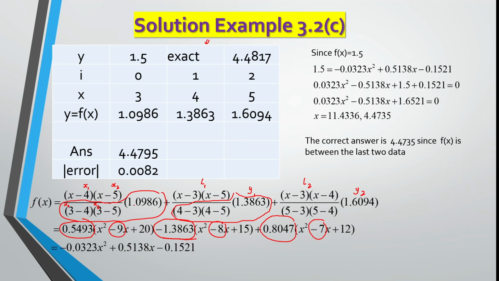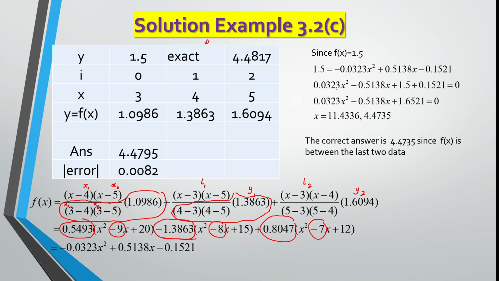So this is using the quadratic Lagrange interpolation formula. You plug in all the x nodes, x1, x2, and y nodes, y1, y2 into the quadratic Lagrange interpolation formula, expand and simplify it, and you get the quadratic equation.